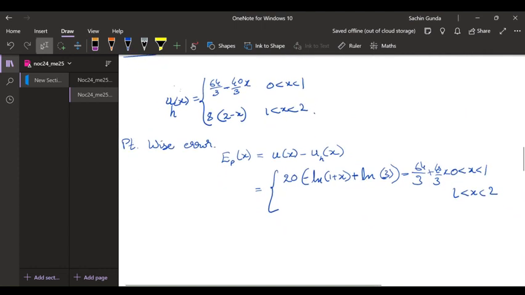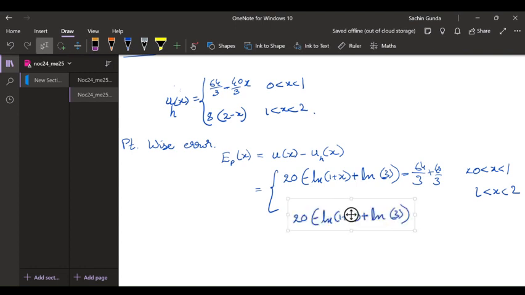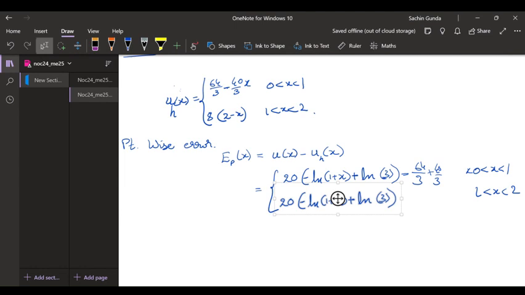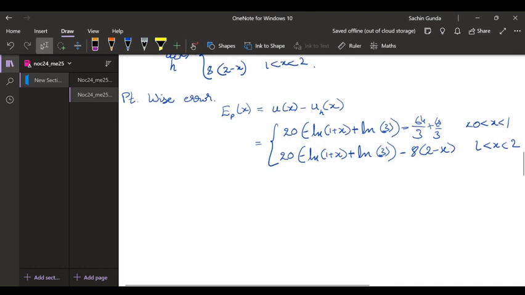And then similarly for values between 1 and 2, the analytical solution expression is the same, but the FEM expression changes a bit. So this is the pointwise error, and it is a function of x.